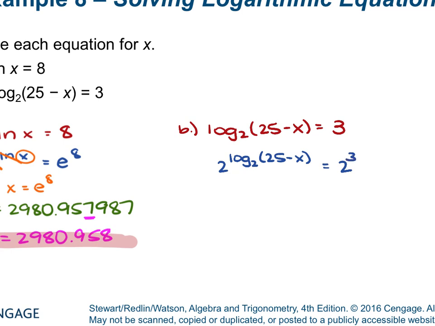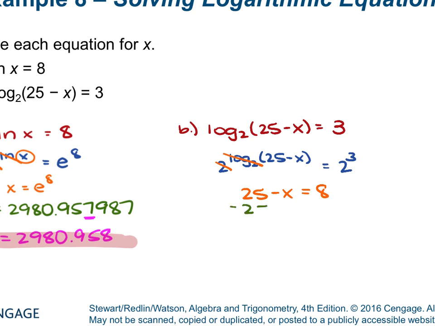So whatever your base is on that log, if you don't have to combine logs, is going to be the base on both sides, and then whatever you started with becomes the exponent. From here, that 2 is going to cancel out that log base 2, so you just have 25 minus x. 2 to the 3rd power is 8, so then you're just solving 25 minus x is equal to 8.